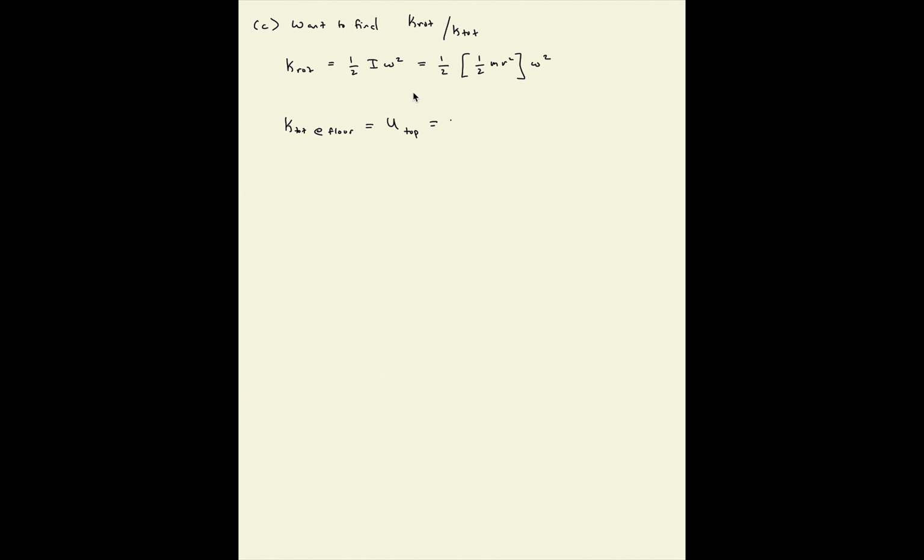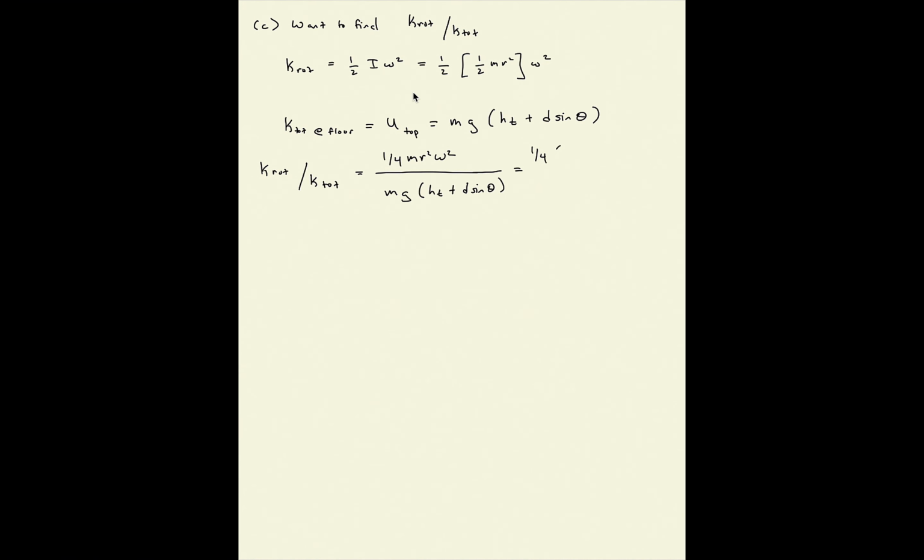So U top is going to be mg times h of the table plus length of the incline, d sine theta. So the ratio, K rot divided by K total, is going to be 1/4 mr squared omega squared divided by mg times the height of the table plus d sine theta.